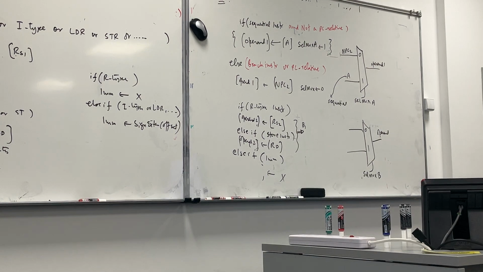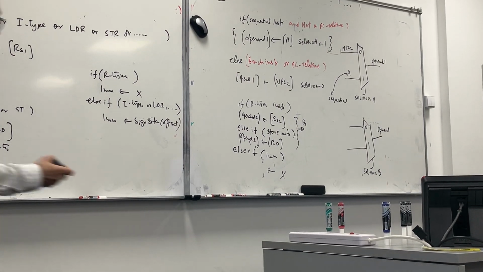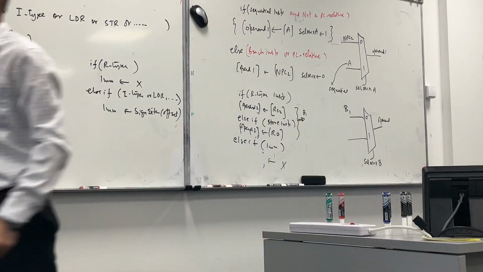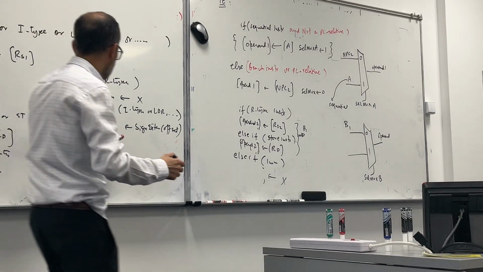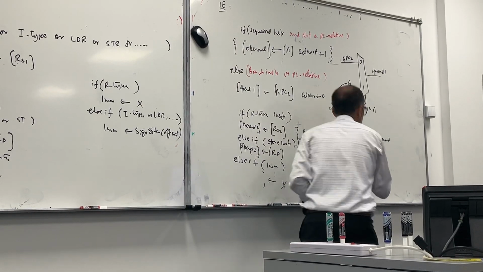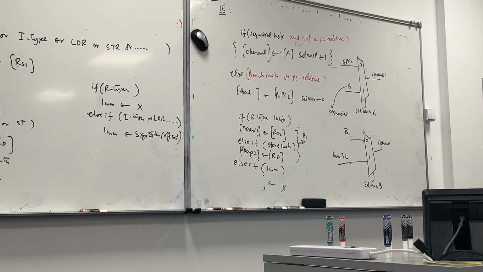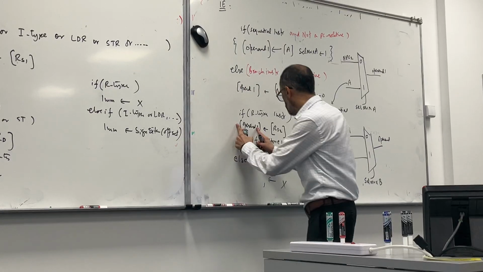When it's 0, it's coming from B1. If it is 1, it's coming from the immediate. So it will be coming from immediate 32, which is the sign extension of immediate 16. Clear or not clear?